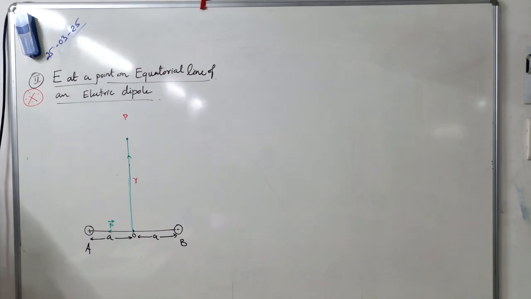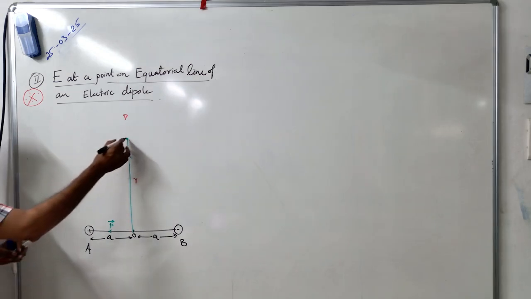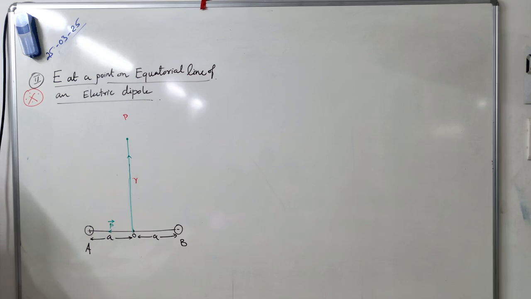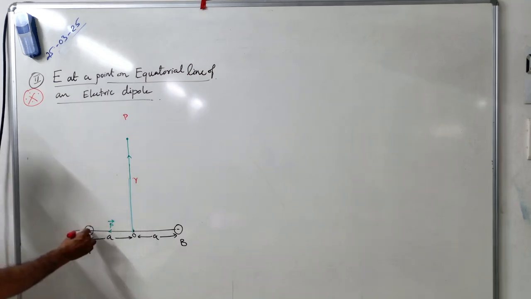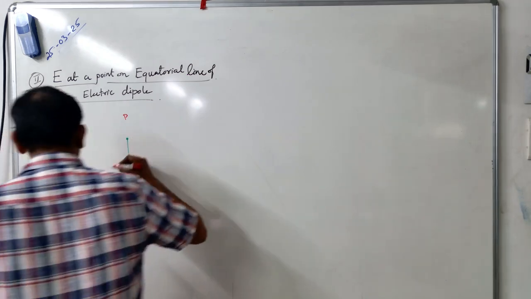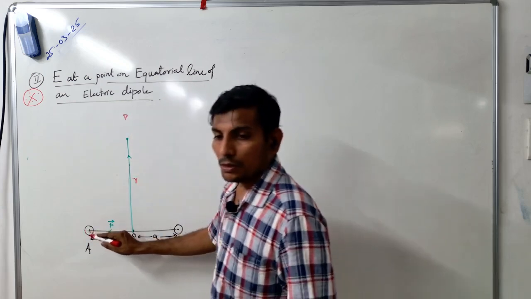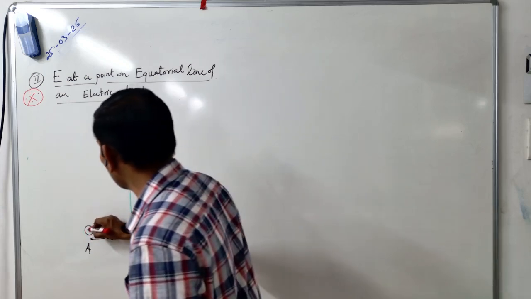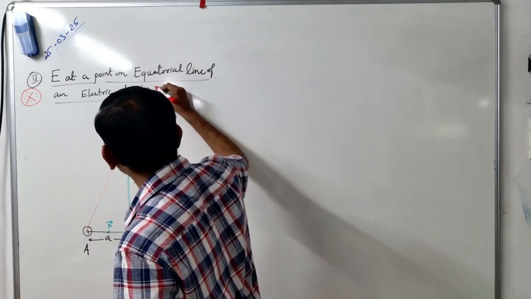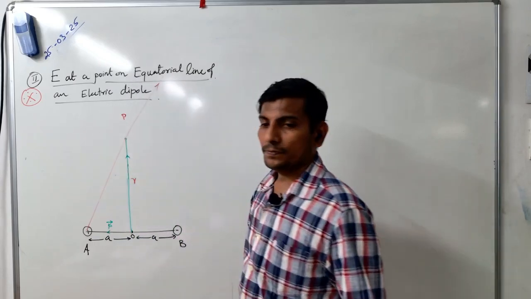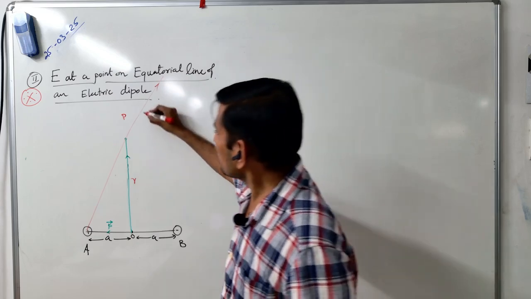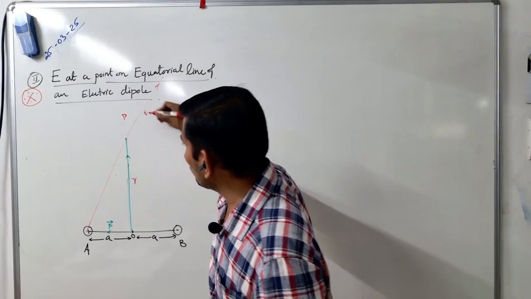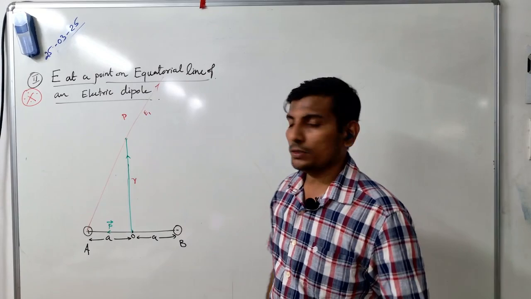Got it? Yes. As usual, I'm going to calculate the net electric field at this point. Can you do that? It's very easy now. The electric field due to the positive charge at this point is going to be an outward field like this. Electric field due to the positive charge, let me mark it as E1.